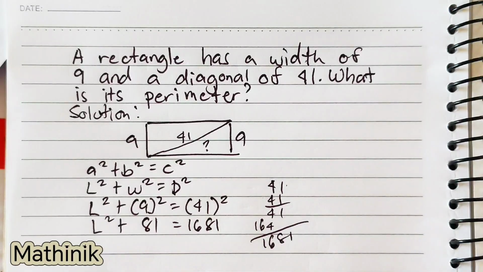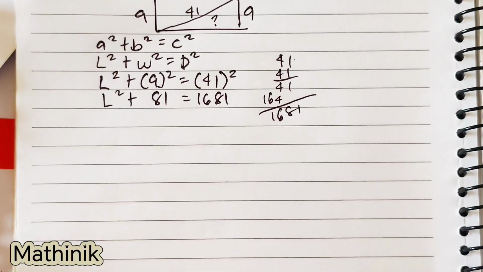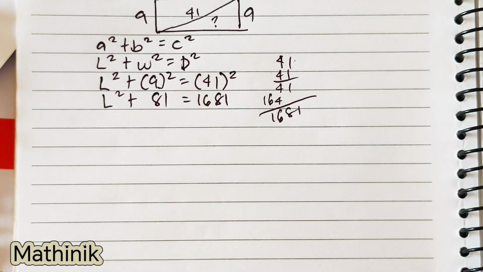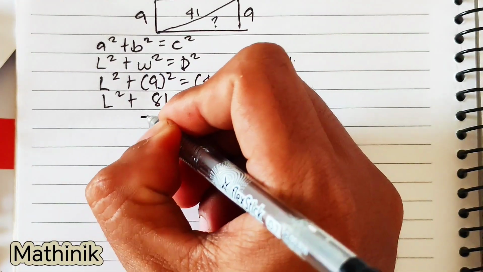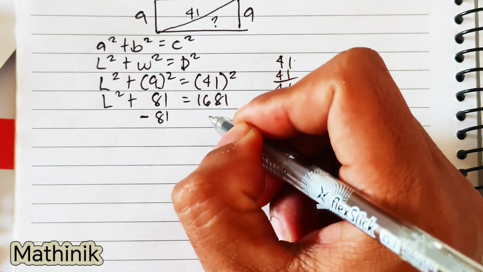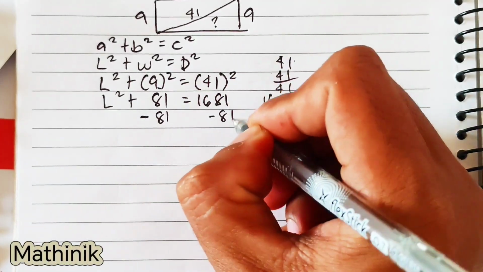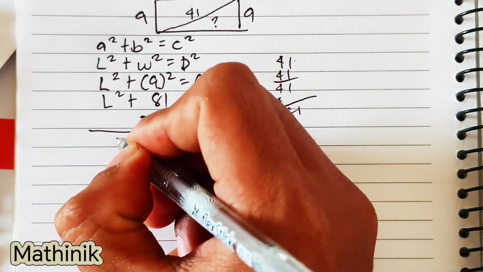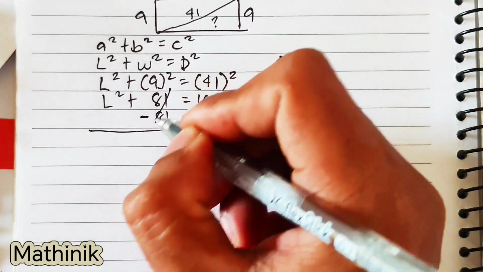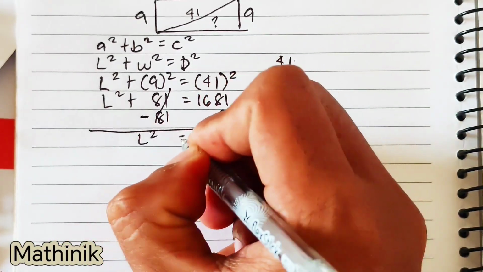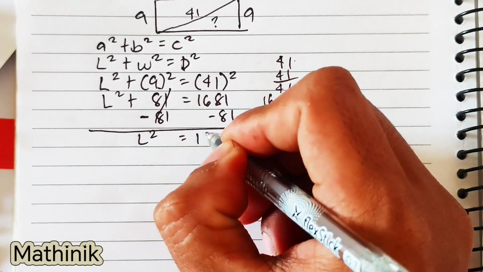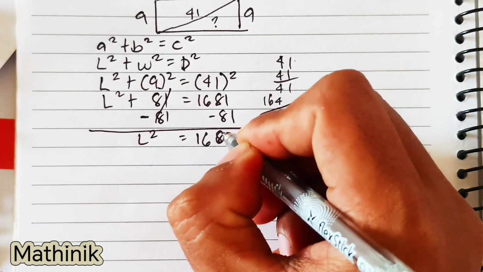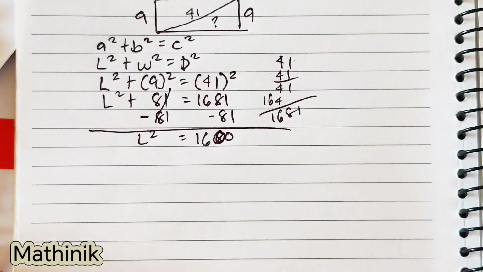Then we will apply the addition property of equality. So by adding negative 81 to both sides, so we have cancel. L squared is equal to 1,600.